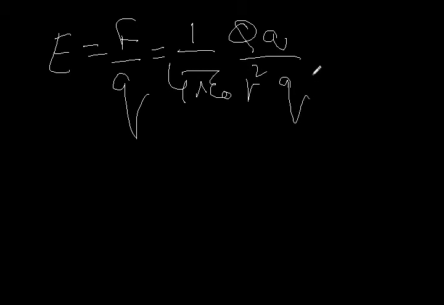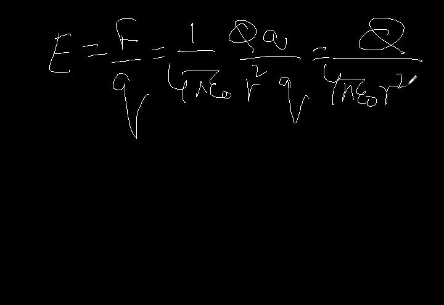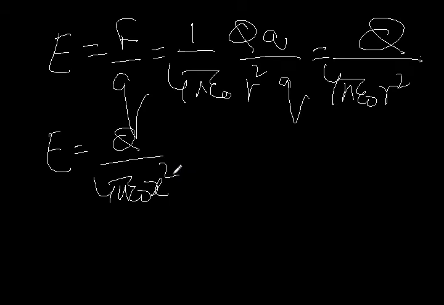Well, I have a q here, so that gives me the value of intensity due to a unit or point charge. Now, if I take this relation in a generalized way, then I can put it as Q by 4 pi epsilon 0 x squared. Why x squared? Because I am using a more generalized term.